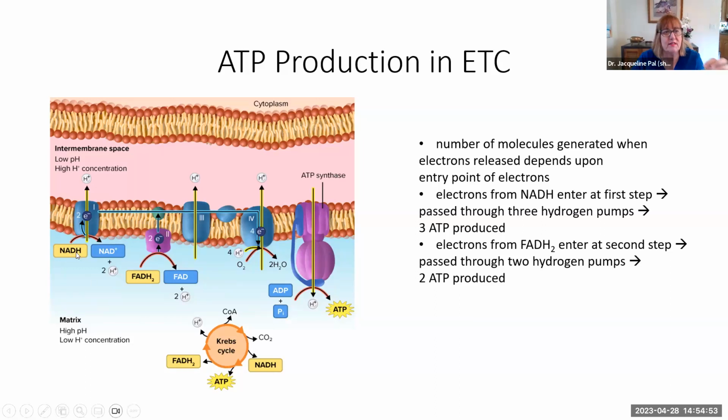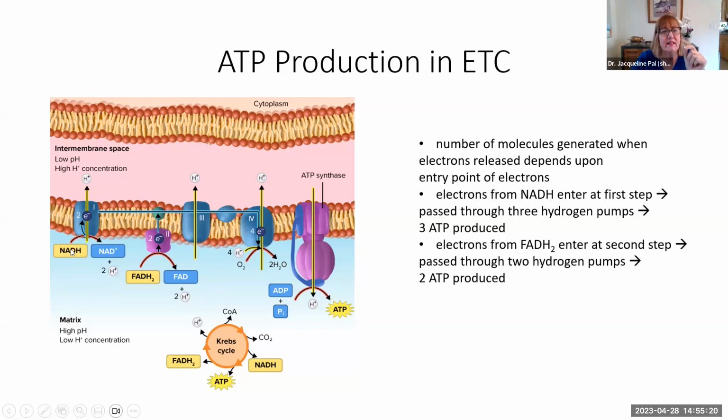So let's go back to these NADHs and the FADH₂. There are 4 little steps right here along that inner membrane. NADH enters at the first step. And so it passes through this hydrogen pump, this 3rd hydrogen pump, and this 4th hydrogen pump. And each time it passes through a hydrogen pump and it releases a hydrogen, it's going to generate an ATP.